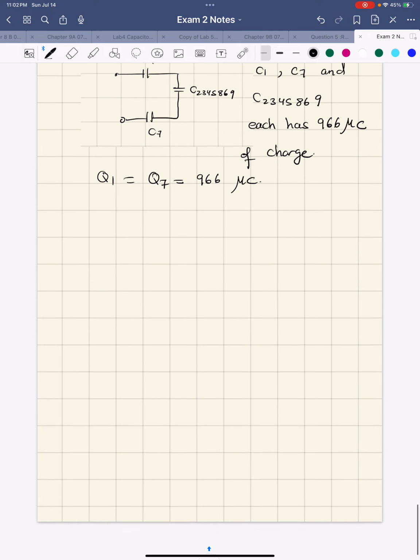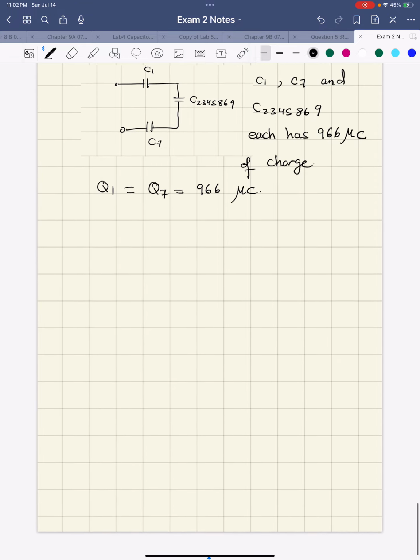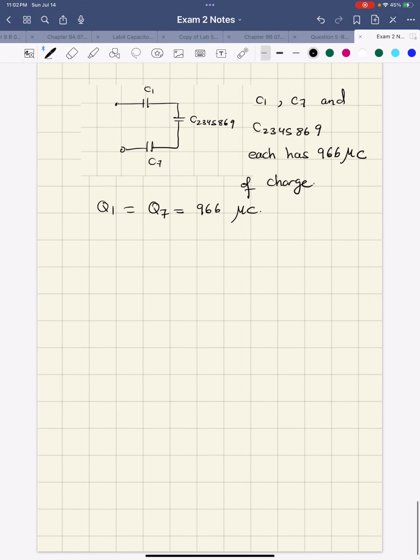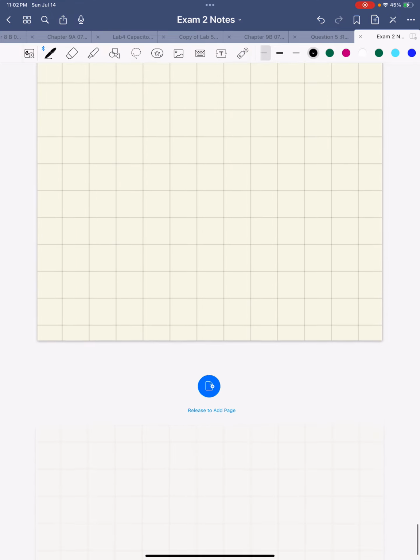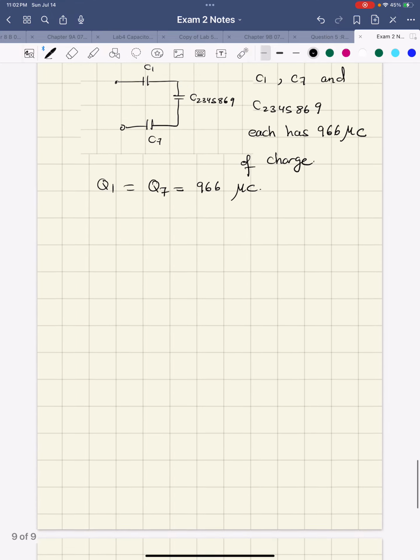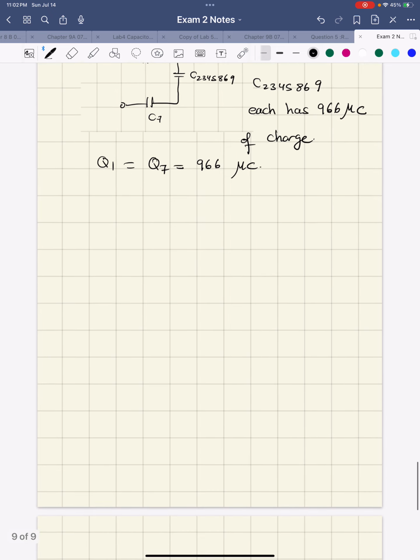Now what about, okay, now I need to have capacitor 9 by itself. Now we know that the step before this one here, we have C9 like this, and we have here these two capacitors, 2,3,4,5,8,6.